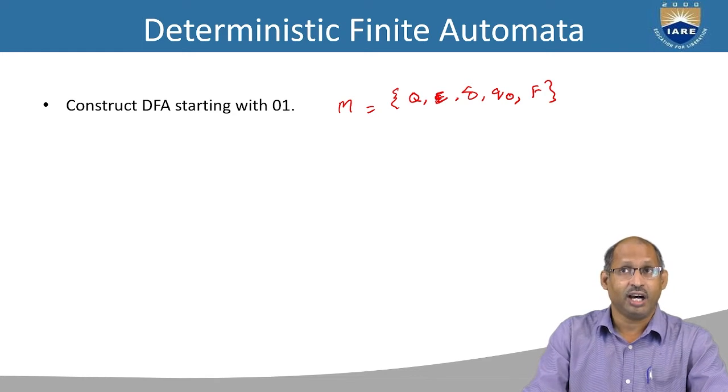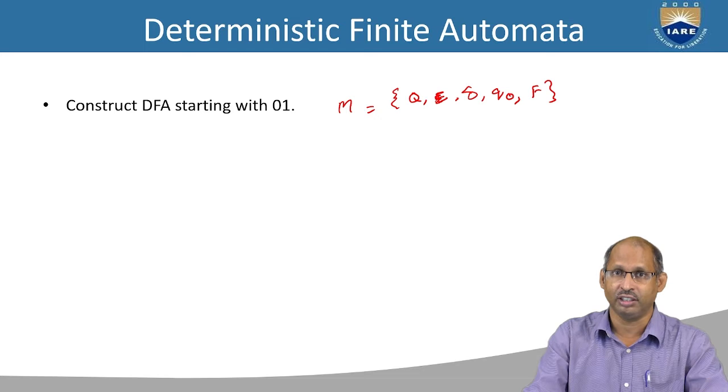The state on each input symbol should have one and only one transition. It should not have 0, and it should not have 2 or more transitions.